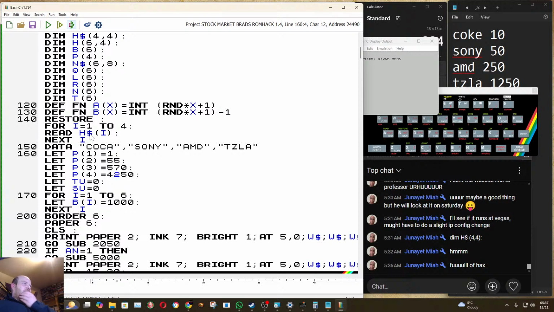Because you see here, when they're looking at the H, just here, they're looking for I, and I is 1 to 4. Next I. So it goes through each of these, right? Why then does it say for I equals 1 to 6? But here I was 1 to 4.